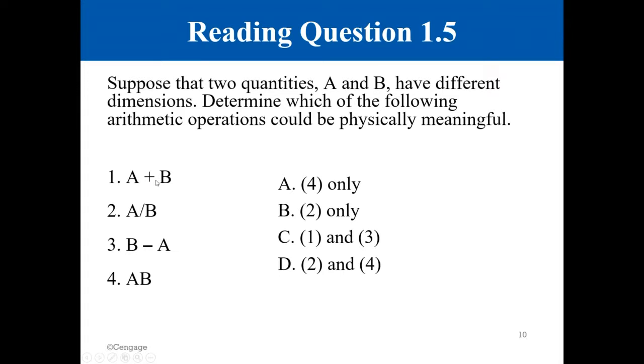It has to be the same thing that you add. The same can be said for 3. You cannot subtract things if they are different, but you can divide and you can multiply. Yes. Okay. So in this case, we will choose this and that. When you have different quantities, you cannot add them or subtract them, but you can divide them or multiply them.